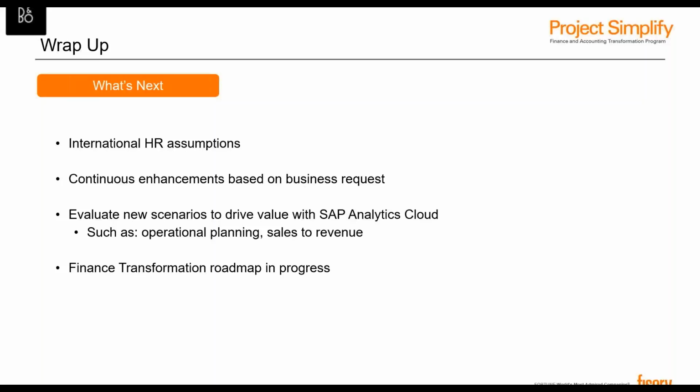We are going to leverage the systematic integration that has been built as we go through the ERP implementation, keeping the SAC workforce planning model intact and benefiting from the systematic integration along the way.